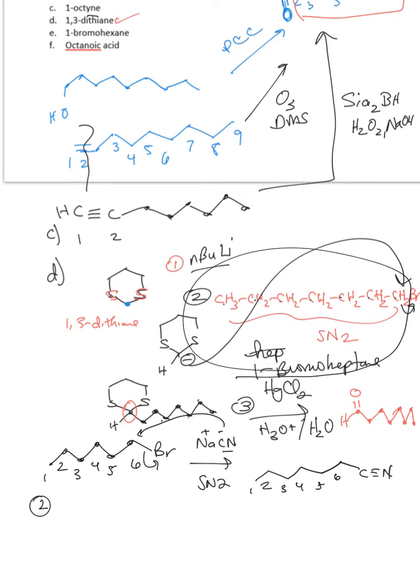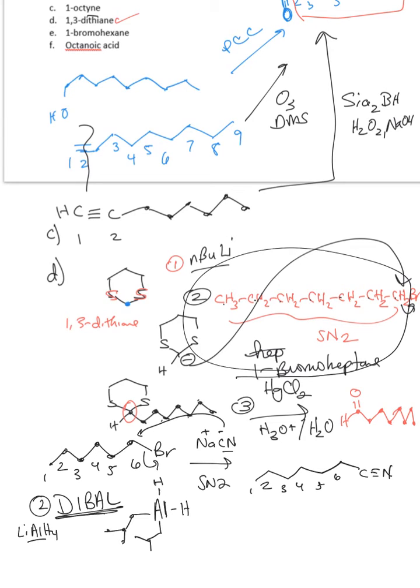And the second thing you want to do, we haven't really talked about DIBAL yet. Diisobutylaluminum hydride. So DIBAL is an abbreviation for an aluminum hydride that has diisobutyl groups. And if you think about it, you've seen lithium aluminum hydride. That's a pretty hot reducing reagent. That aluminum has 4 hydrides to deliver.